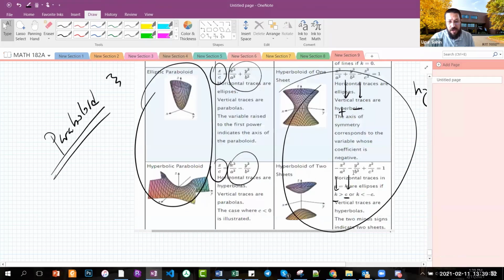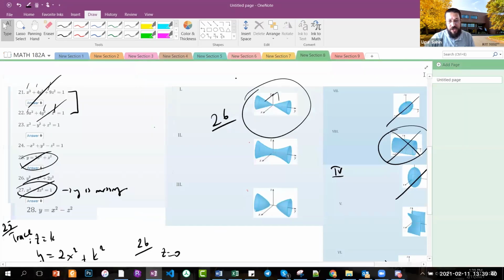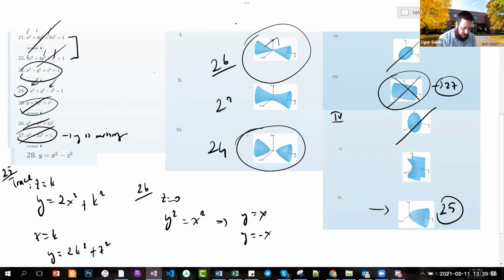If two of them are negative on one side, that shows me that that's the hyperboloid of two sheets. So if you look at the 24, I have the two negatives here. That goes with this one. This is 24. And the other hyperboloid, this one too, that's going to be 23. Did you see that? All right.